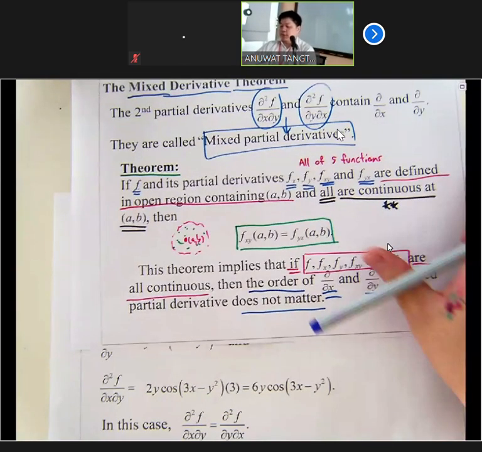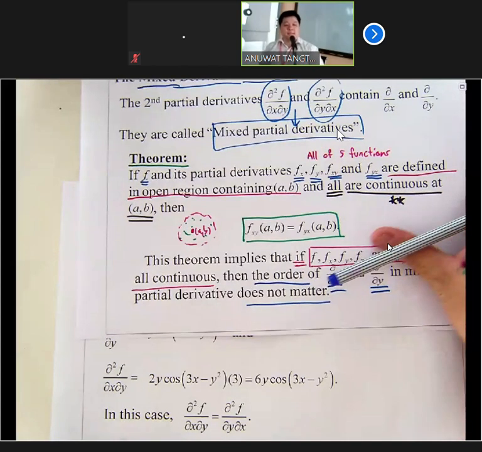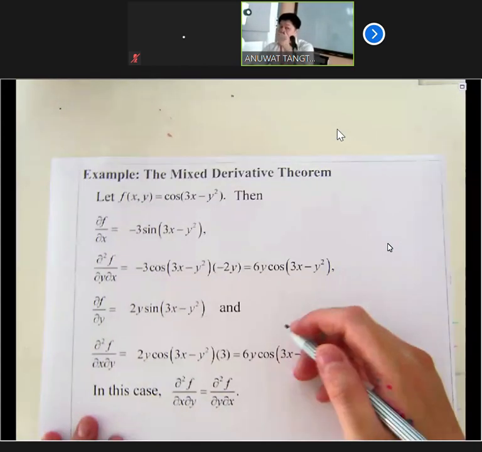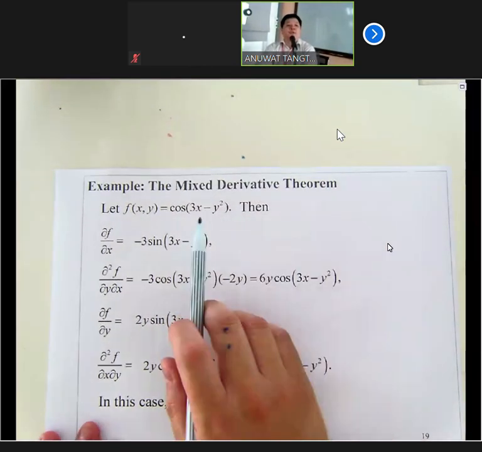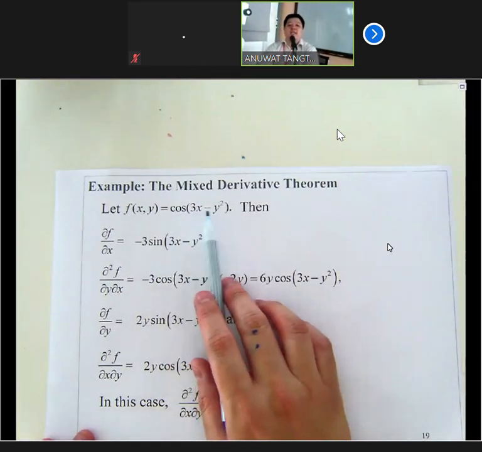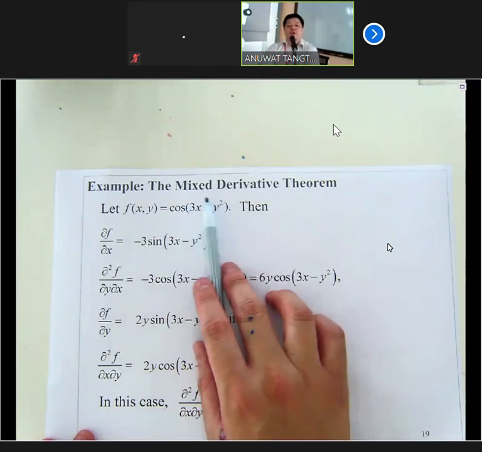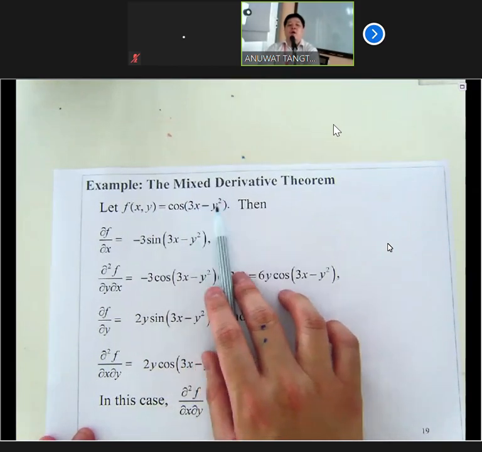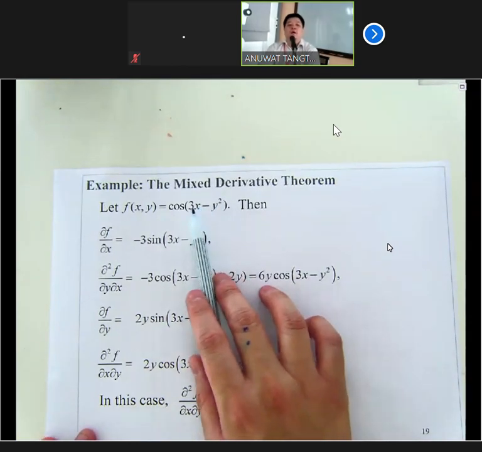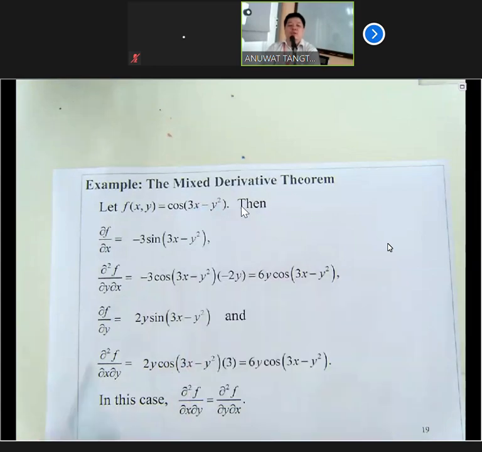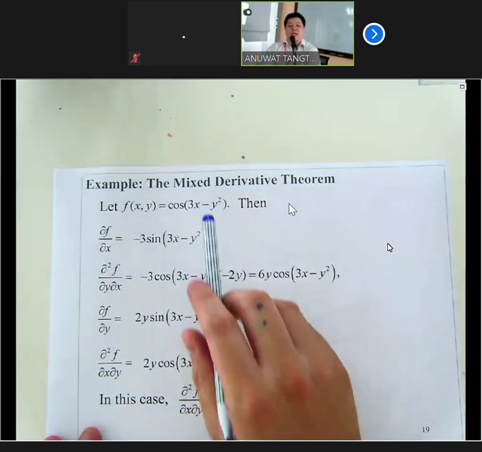Now for this one, the function is just simple as the cosine. So please note that 3x minus y squared is a polynomial of x and y, so it would be continuous everywhere on R2. X can be a real number, y can be a real number. 3x minus y squared is always continuous at any point x, y in R2.